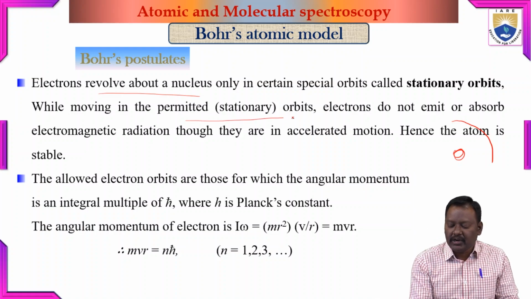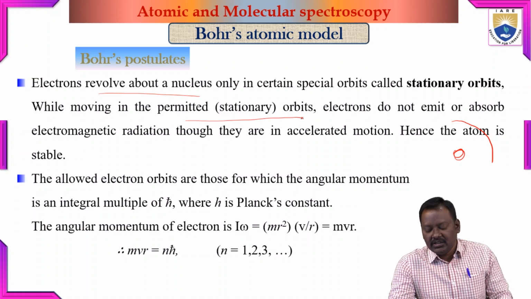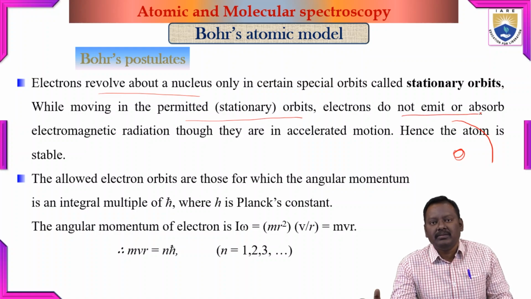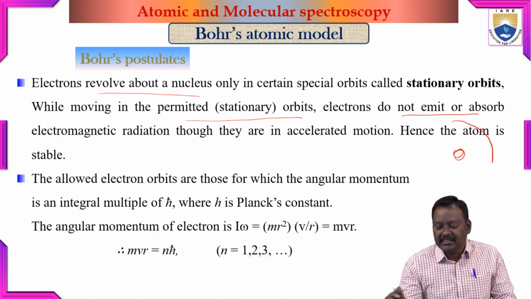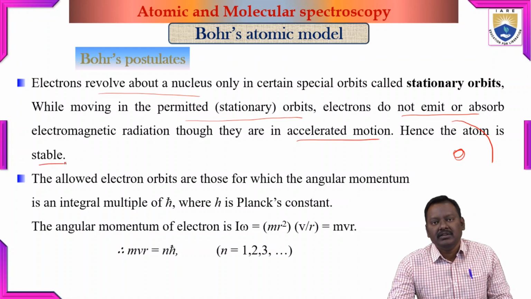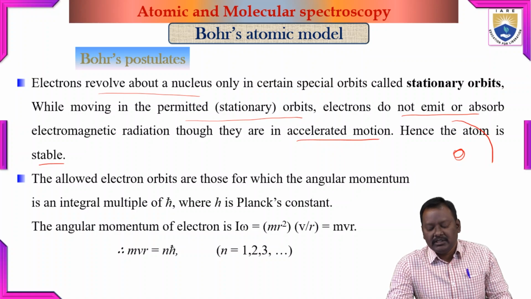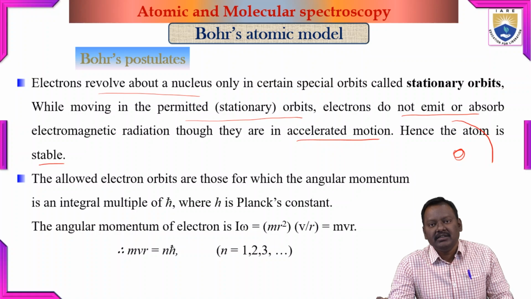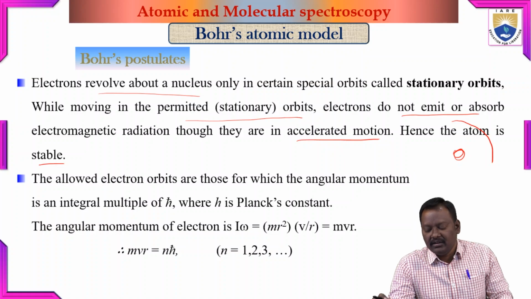While moving in these permitted orbits, electrons don't emit or absorb electromagnetic radiation, even though they are in accelerated motion. Hence, the atom is stable. This postulate explained the stability of the atom, not like in the Rutherford model. So this is the reason for the electron to revolve around the stable orbit without losing its energy.